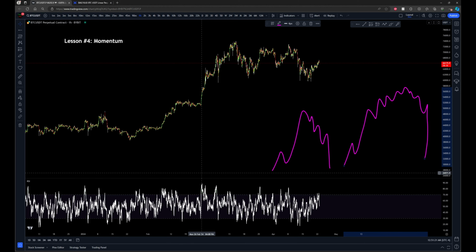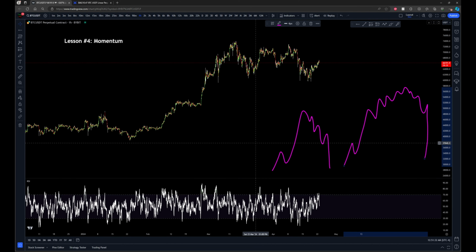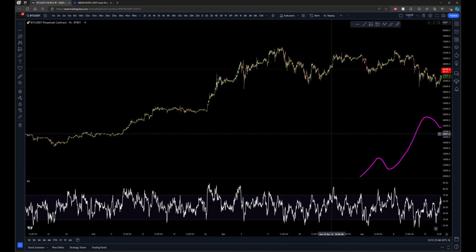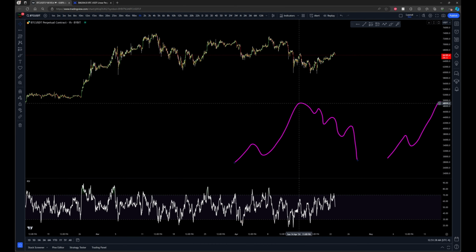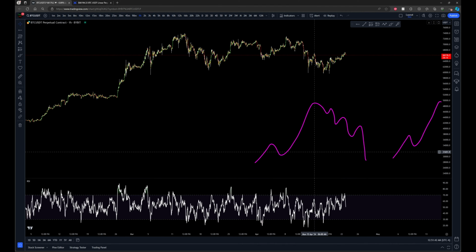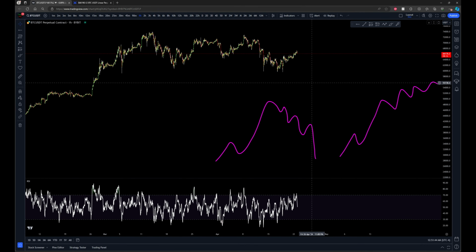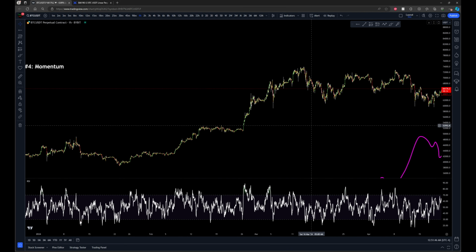We want to expect that the momentum will be continuing until we actually see this sort of deceleration, and we can see it with a bearish divergence or a bullish divergence. So let's take a look and see why we don't expect that this first move is going to be the exact bottom or top. We look for at least some follow-up moves after that.